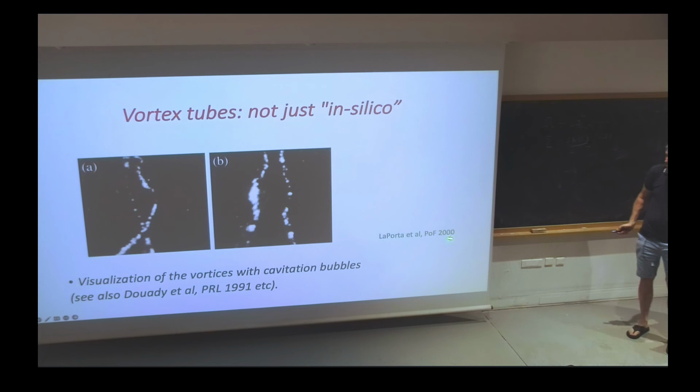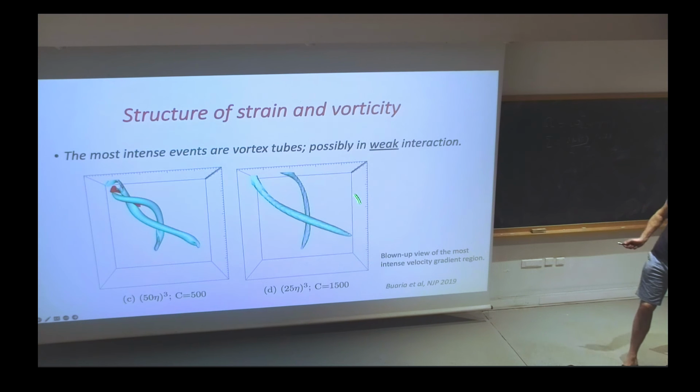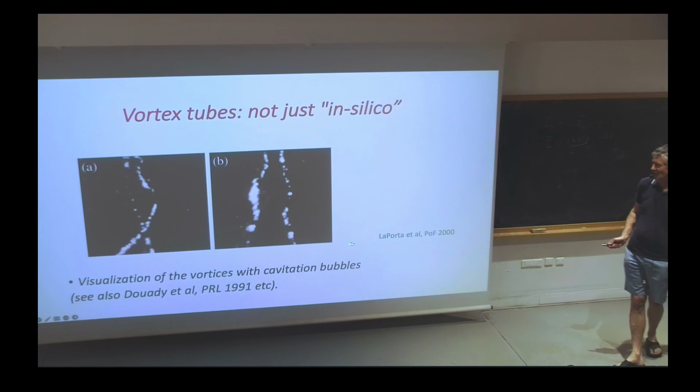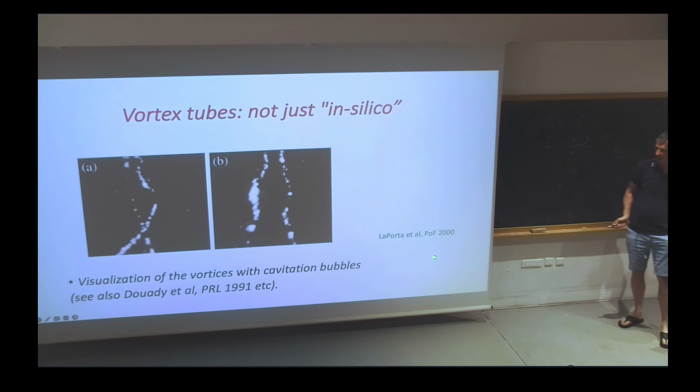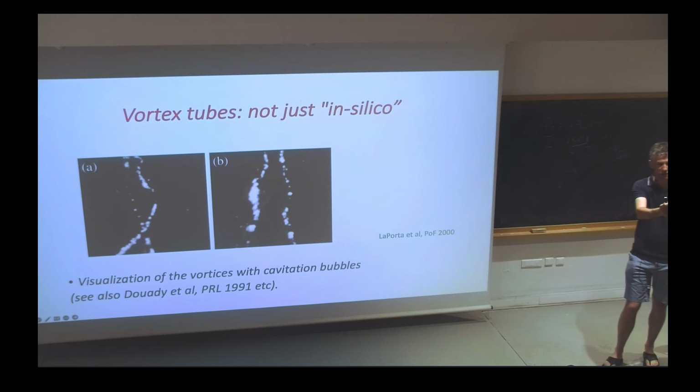So that's sort of a connection with my experimental colleagues in Göttingen. When he saw that one, Eberhard immediately noticed, but hey, we also saw it in the experiments long ago, by having this little cavitation bubble which can migrate in the region which have low pressure, and therefore which provide you a way of visualizing the most intense vortex tubes, if you wish, in the flow.